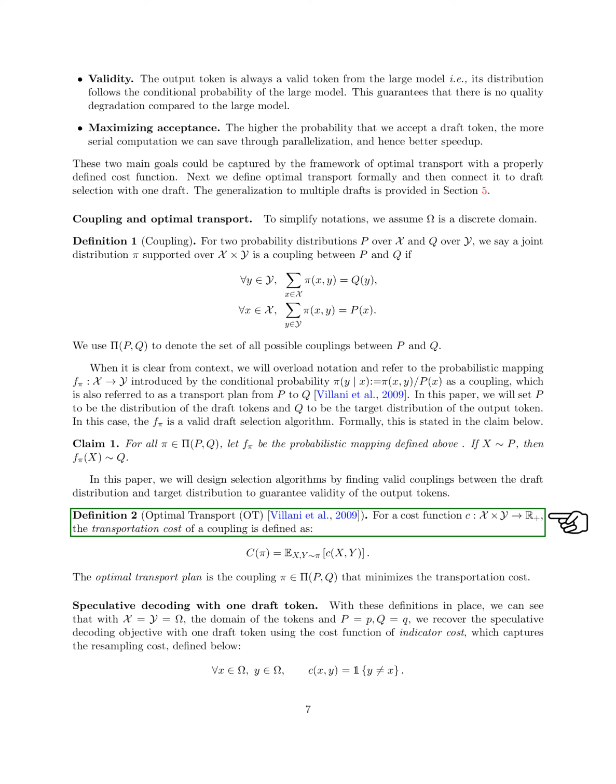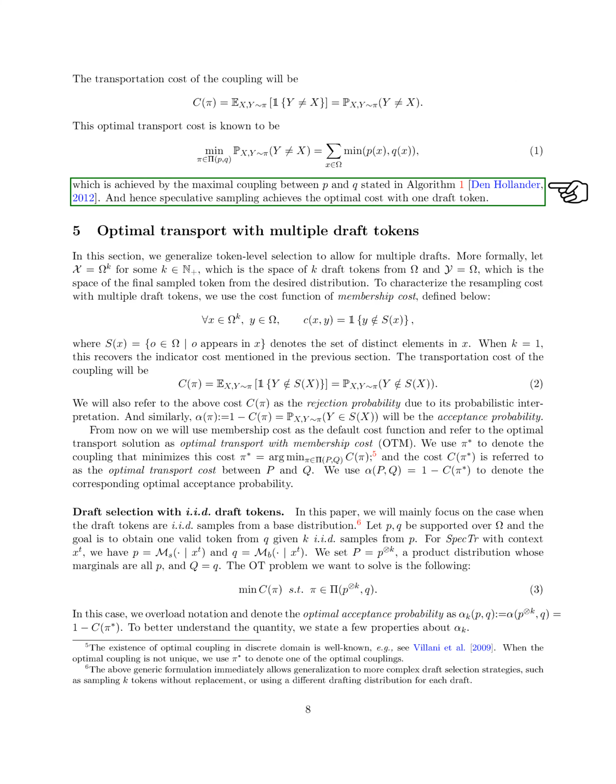The transportation cost of the coupling will be the expected value of M times 1 if Y is not equal to X. This optimal transport cost is known to be the sum over all x in omega of the minimum of P(x) and Q(x), which is achieved by the maximal coupling between P and Q. Therefore, speculative sampling achieves the optimal cost with one draft token.